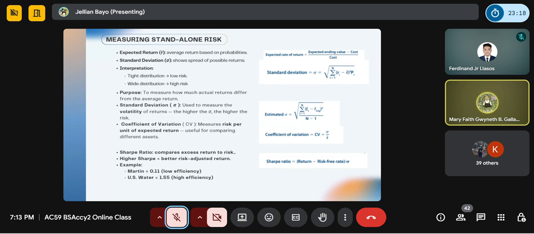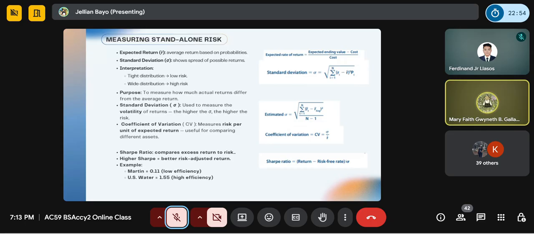So let's move to the Sharpe ratio. A good Sharpe ratio is generally considered to be above 1.0. If it is above 1.0, it means the investment is generating strong risk-adjusted return. In the example here, Martin's is 0.1111, low efficiency.